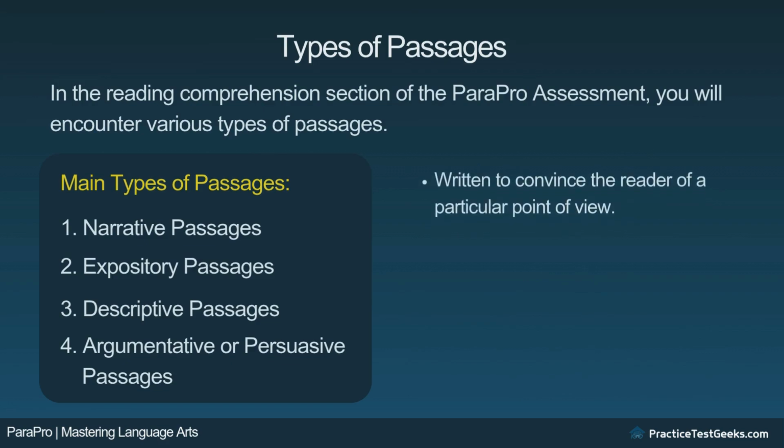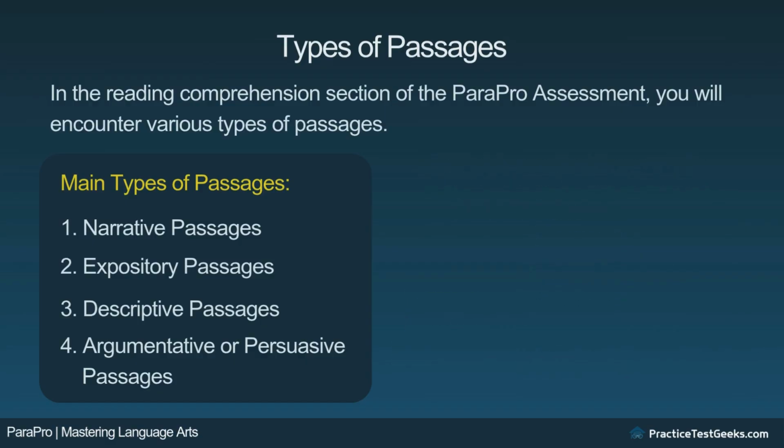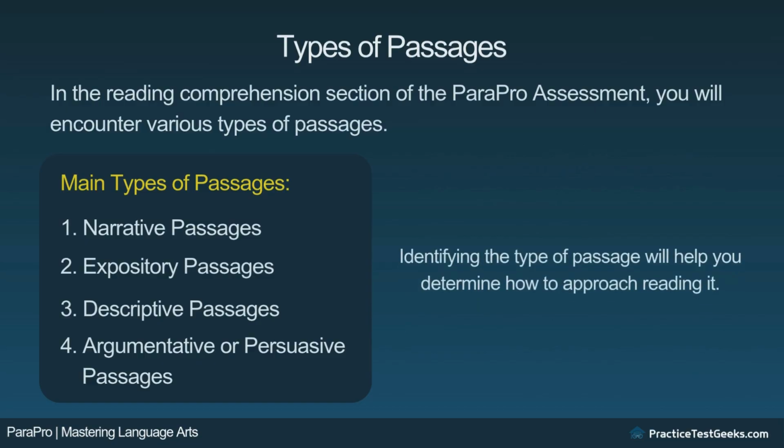These passages are written to convince the reader of a particular point of view. They include reasoning, evidence, and sometimes counter-arguments. Example: an editorial in a newspaper or a debate about a social issue. Each type of passage has its own unique features and requires different strategies for comprehension. Identifying the type of passage will help you determine how to approach reading it.